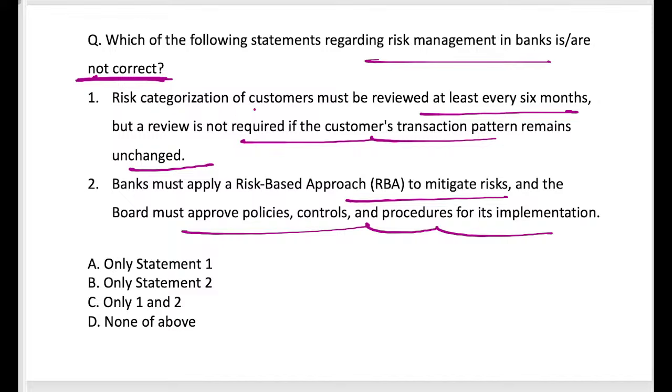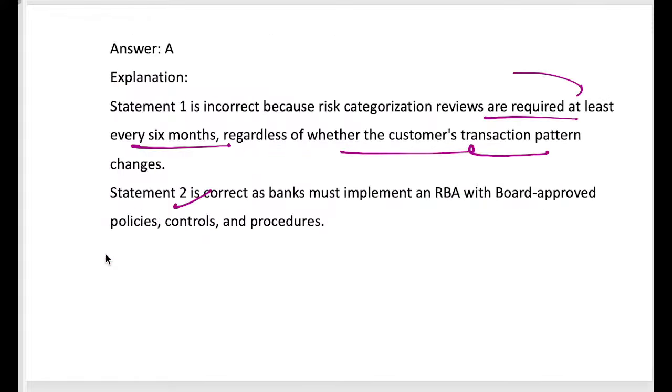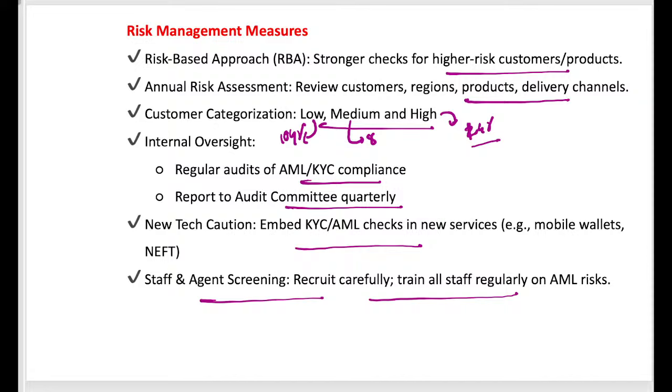Okay, so the risk categorization of customer must be reviewed at least every 6 months, but a review is not required. It is still required. So statement one says in every 6 months it is a must, and the second statement is true. So what will be your correct answer? Option A will be the right answer for this particular one. So risk categorization and their areas. Next one guys.